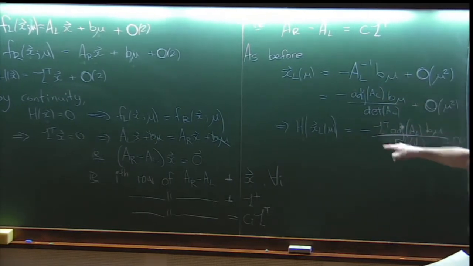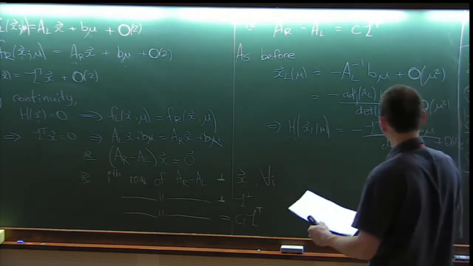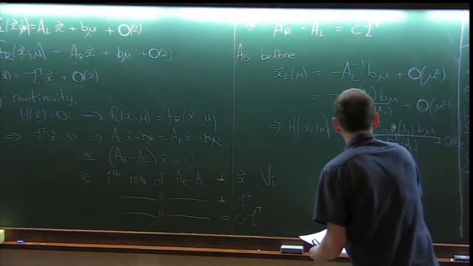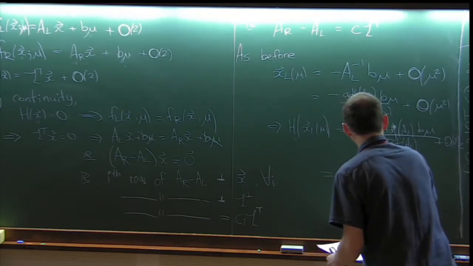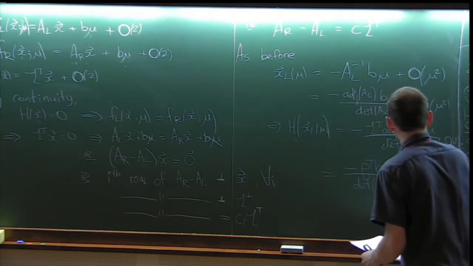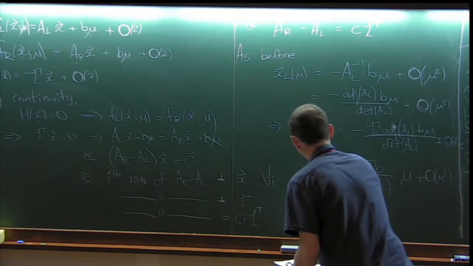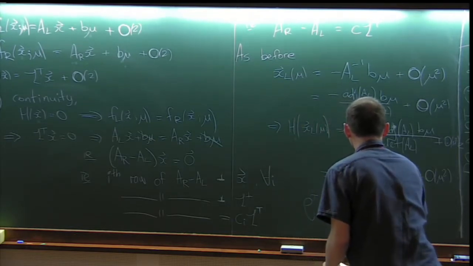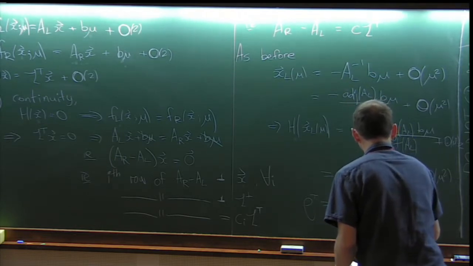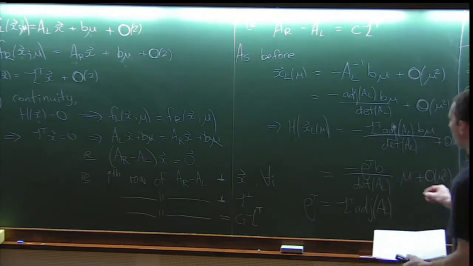And same as yesterday, the zeta transpose adjugate AL, give that vector a special name, call it rho transpose. Rho transpose is zeta transpose adjugate AL.